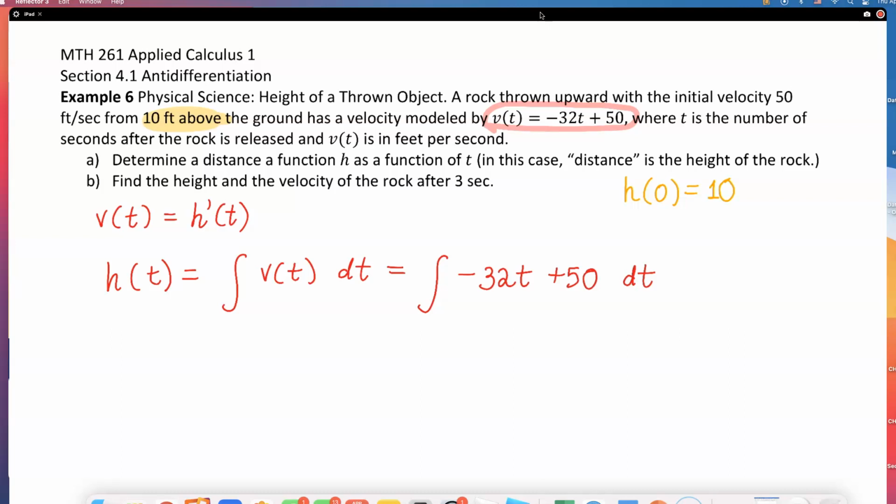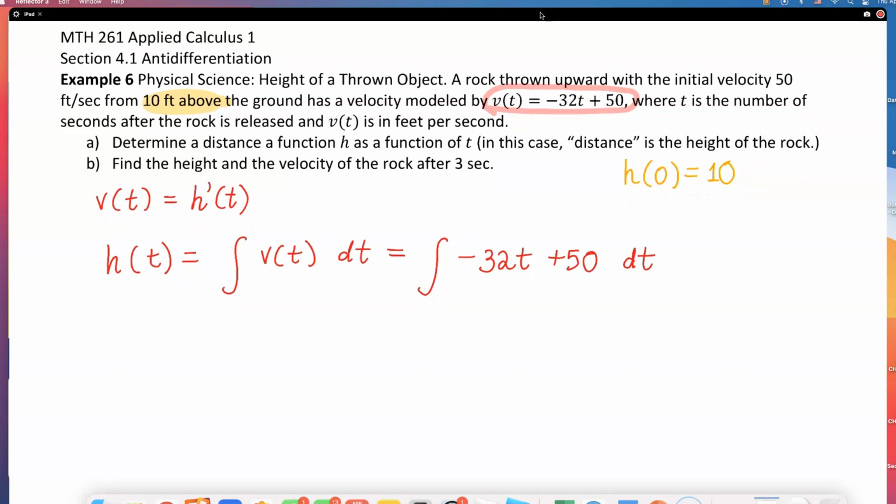Okay, so let's go ahead and find the antiderivative first so that we can find what c is. So write down negative 32t, but we must go up on the power, right? So make that t squared, because it was t to the first power. You have to go up 1 and divide the whole term by the new exponent.